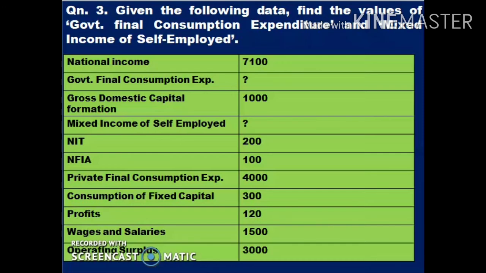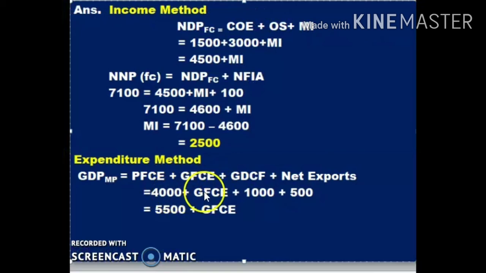So students, you add the given values and you will find the answer as 5500 plus GFCE. So you have to find the GFCE. What is the formula for NNP? To find NNPFC you have to write that, and as previously, you find the rest of the values and then subtract to find GFCE.